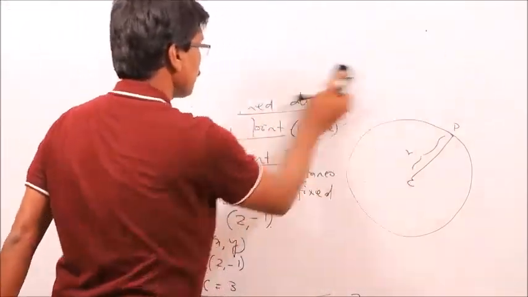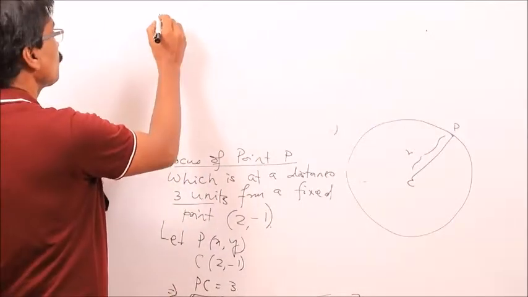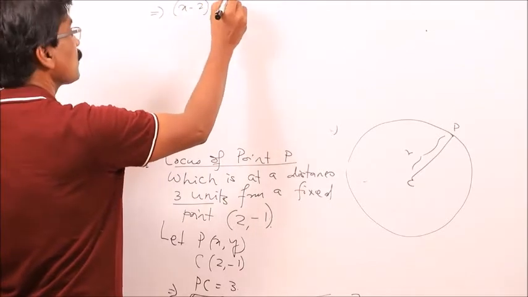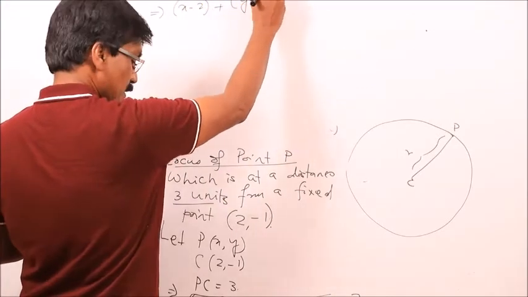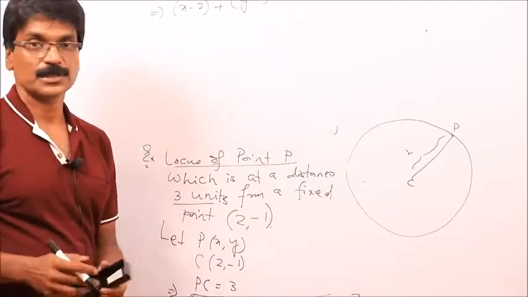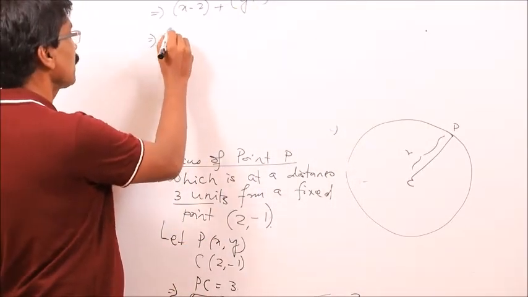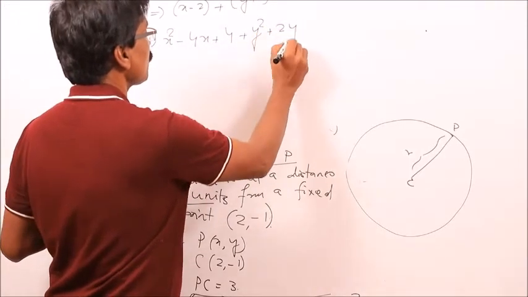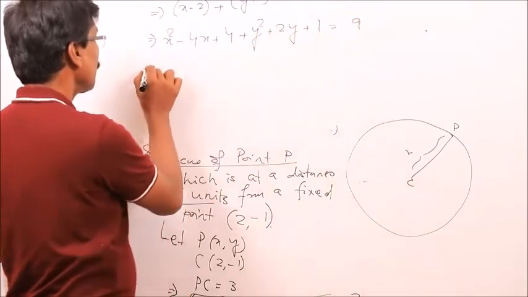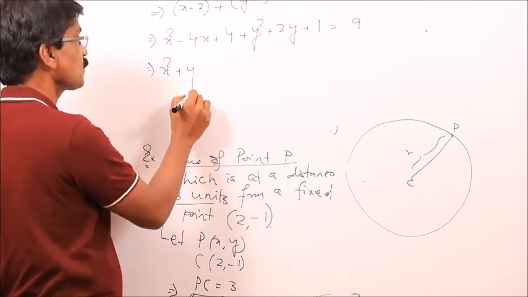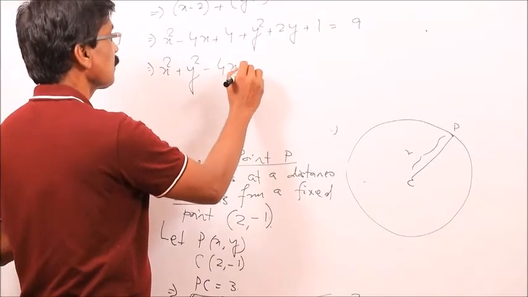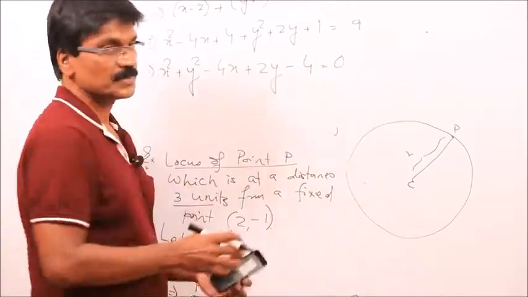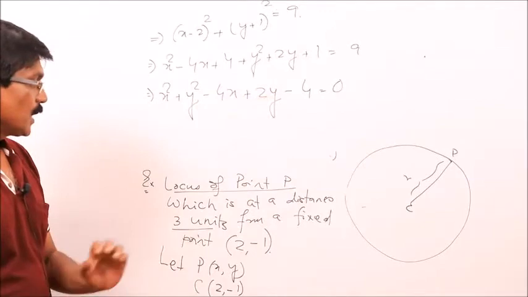That is root over (x minus 2) whole square plus (y plus 1) whole square equal to 9. Squaring both sides and simplifying, we have x square minus 4x plus 4 plus y square plus 2y plus 1 equal to 9, that is x square plus y square minus 4x plus 2y minus 4 equal to 0. So this is the circle and its locus.